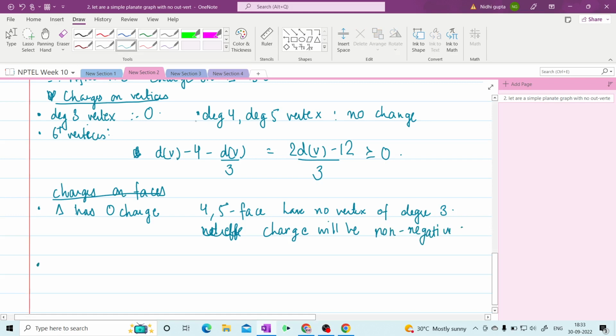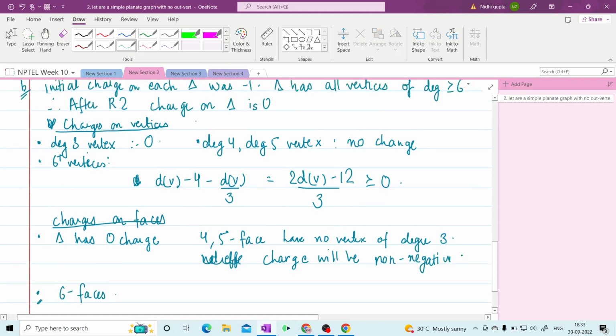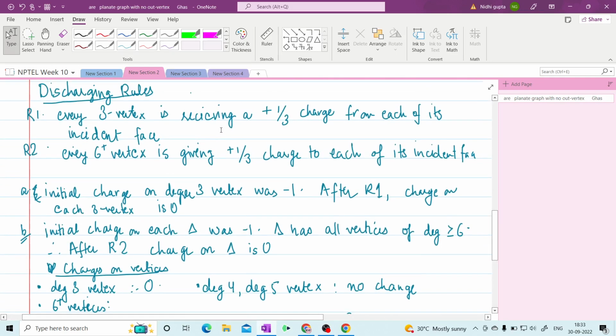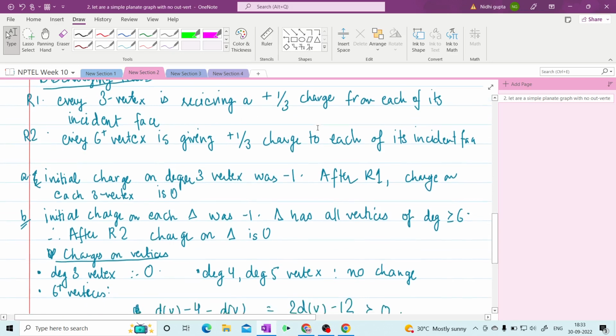Now for the 6 plus faces. Under R2, every 6 plus vertex is giving +1/3 charge to each of its incident faces. This is done. Every 3 vertex is receiving a +1/3 charge from each of its incident face.